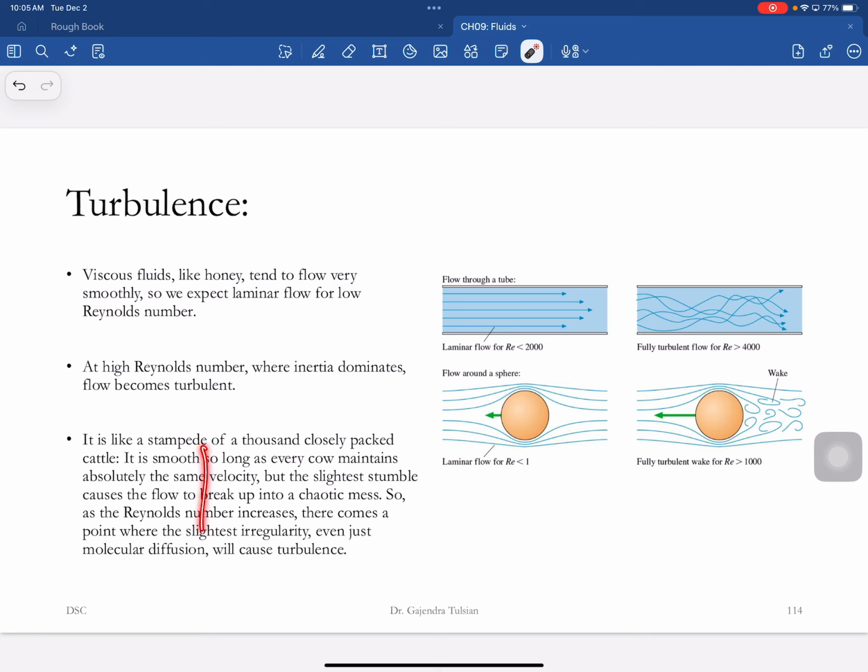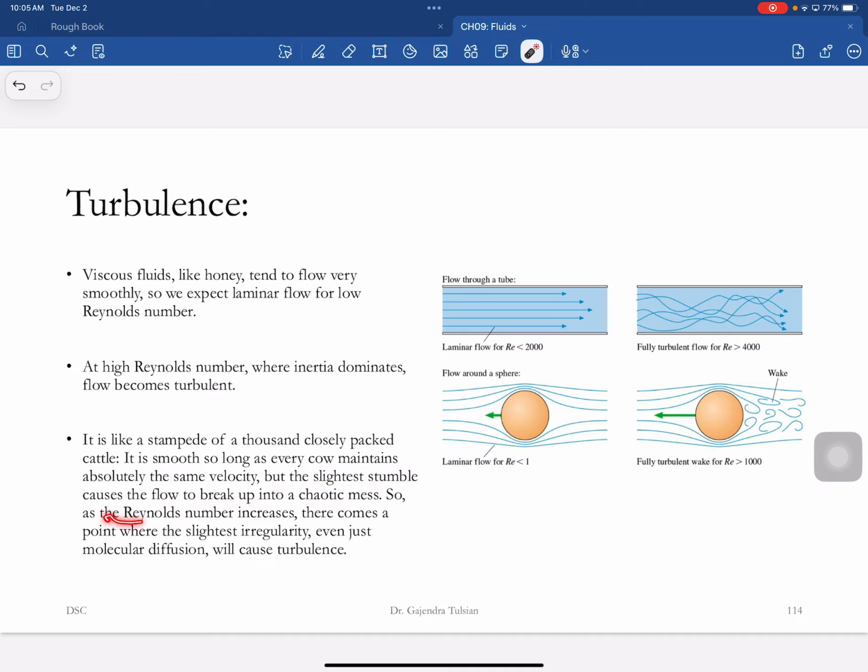So here's a good analogy. It's like a stampede of 1,000 closely packed cattle. It is smooth so long as every cow maintains absolutely the same velocity. But the slightest stumble causes the flow to break up into a chaotic mess.